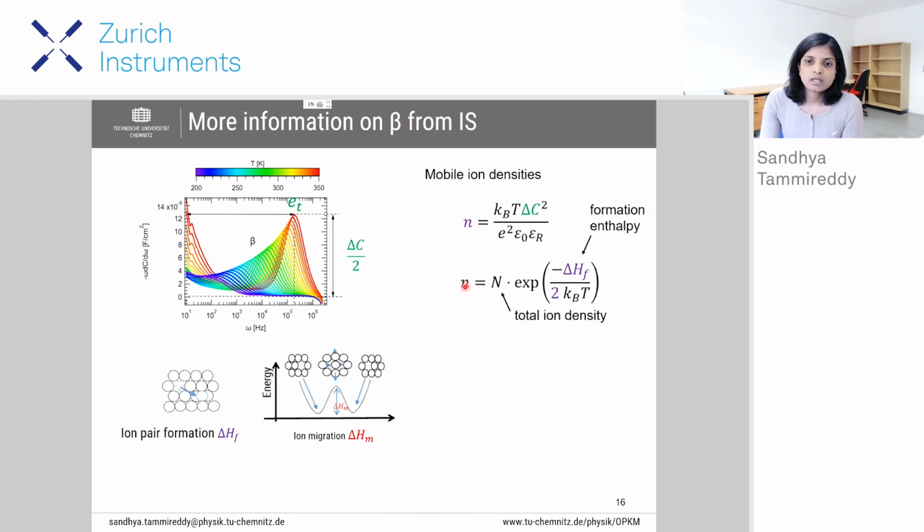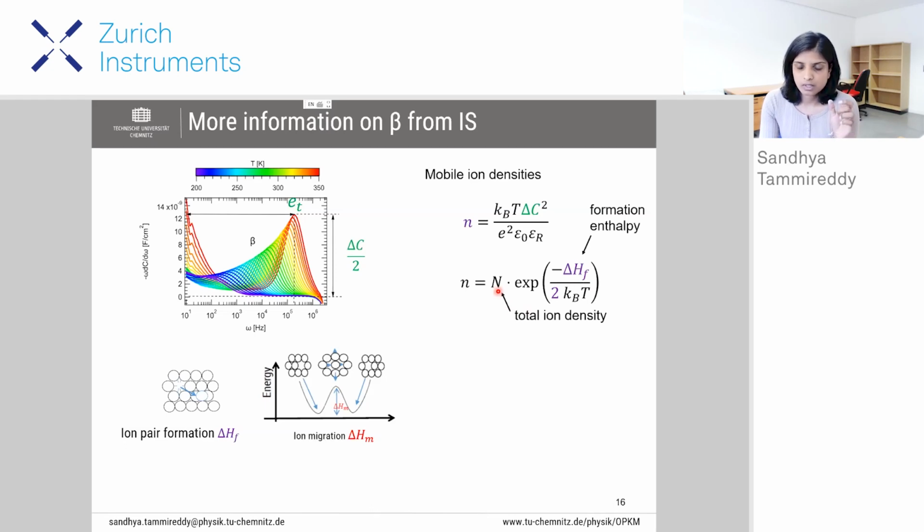So what we did is we obtained the mobile ionic defect densities by using the Debye model. This is the model we used, and we obtained the values with respect to temperature. You will obtain an Arrhenius plot, and from the slopes of these Arrhenius plots, you would be able to say what the formation enthalpy of the defect is.